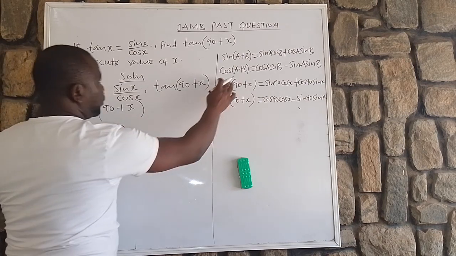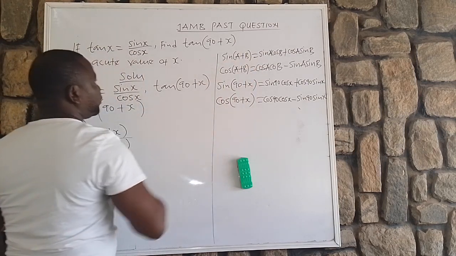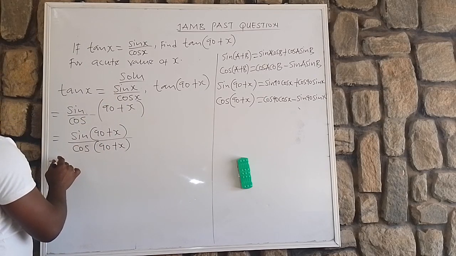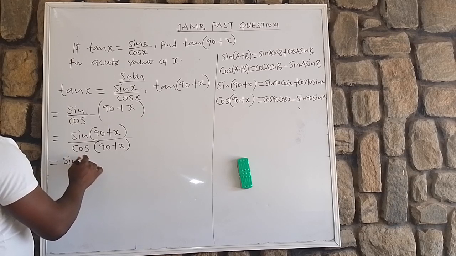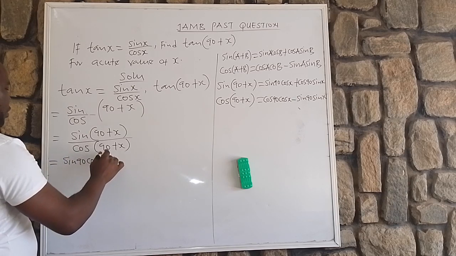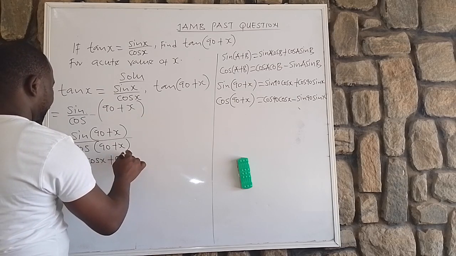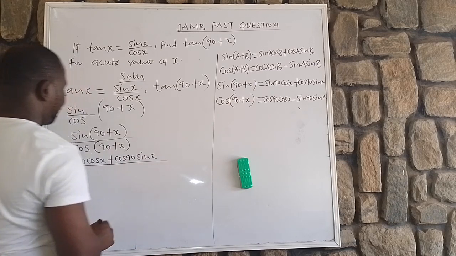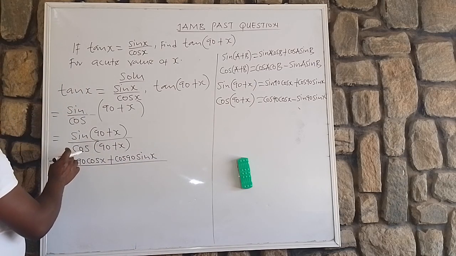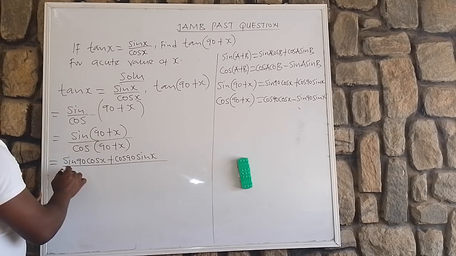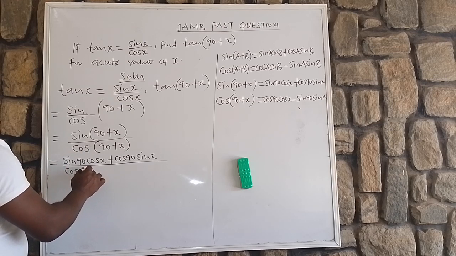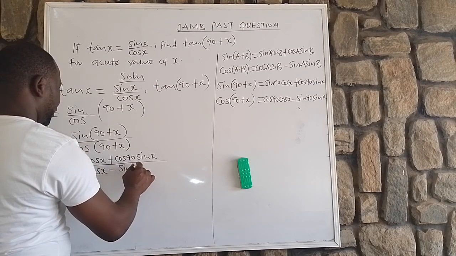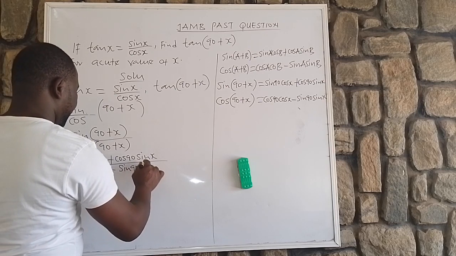If we go back to our half angles, it means this would now be written as sine 90 cos x plus cos 90 sine x, all over the same thing applicable here, cos 90 cos x minus sine 90 sine x.